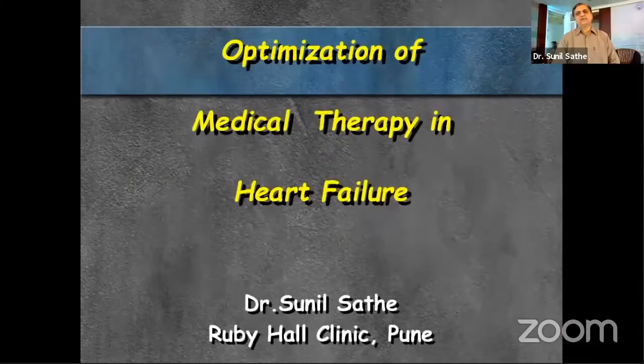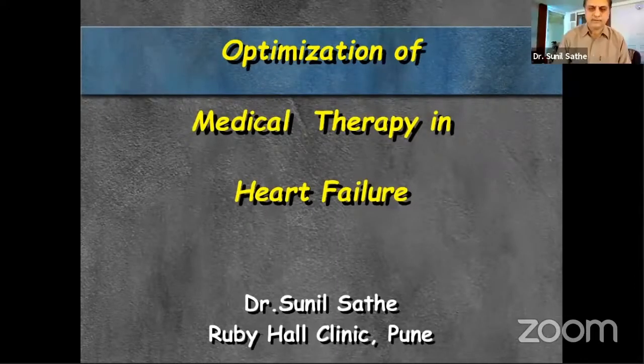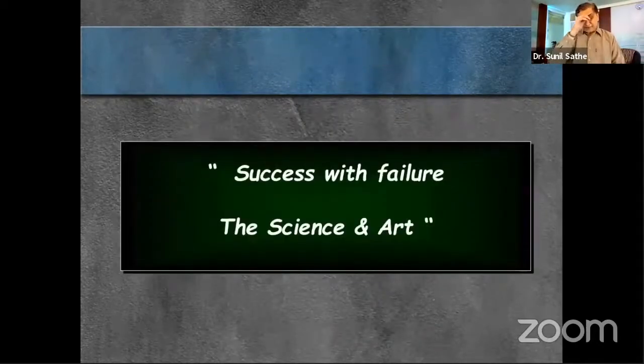Okay, dear friends, today I'm going to speak for the next 20-25 minutes on optimization of medical therapy in heart failure. Before we start with optimization, I would like to say that success with heart failure is not only science, it's science and art both. In fact, we have to look at a lot of things when we treat our patients, basically when we are medically managing patients with heart failure.